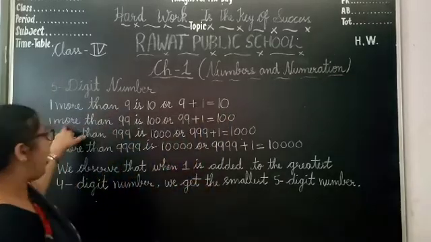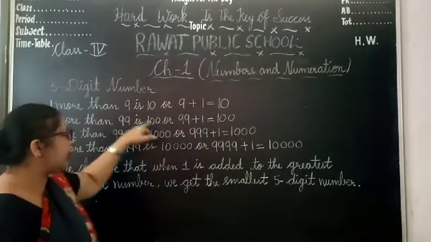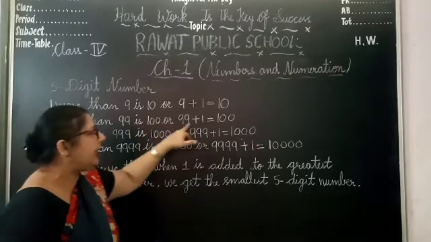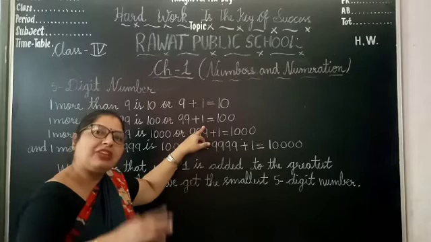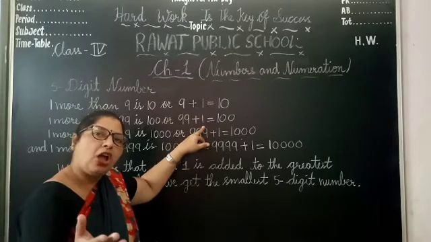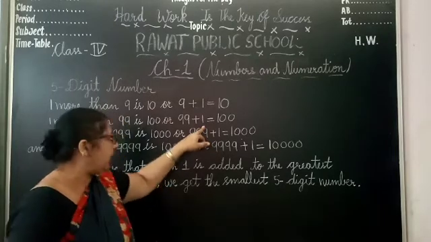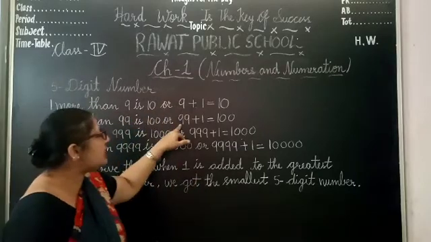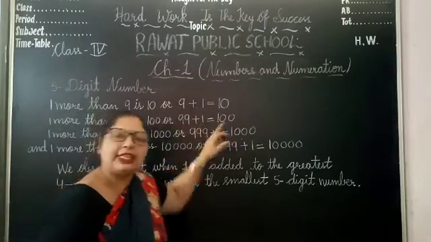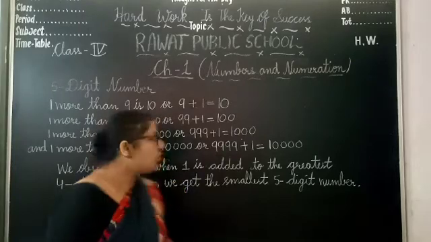Same as 1 more than 99 is 100, or 99 plus 1. More than means plus 1, and 1 less than means minus 1. So here it is only 1 more than. So 99 plus 1 is equal to 100.